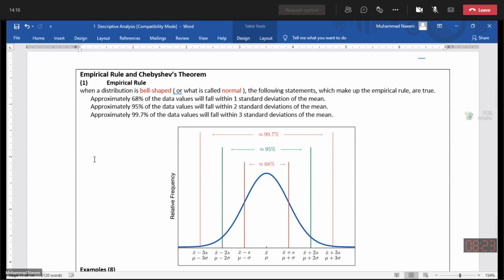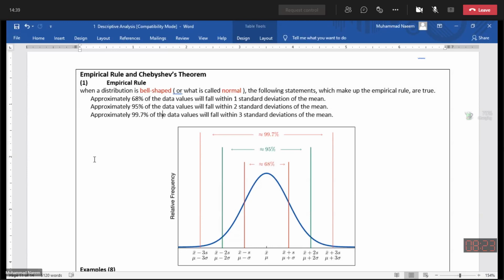Now again, look at this empirical rule. We are dealing with a percentage and an interval.